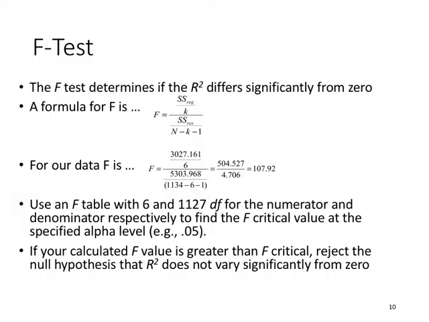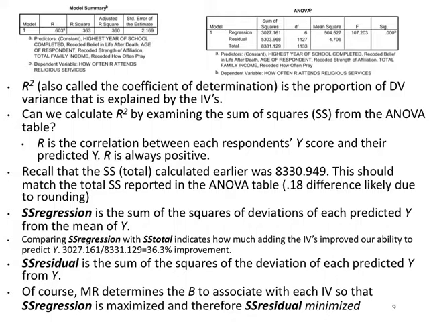And it really is important that if you get to this stage and you can't reject the null hypothesis that that r square is not significantly different than 0, then you really can't go on. You have to stop right there, because your variance explained does not deviate significantly from 0.